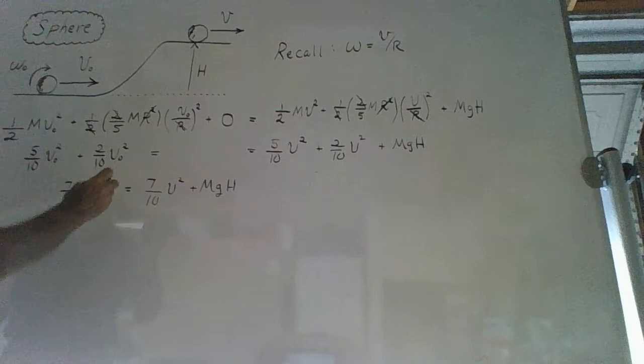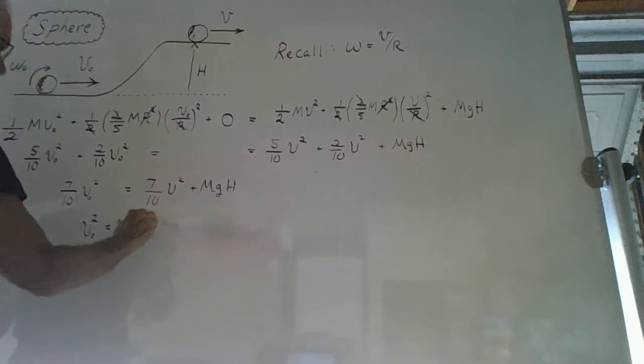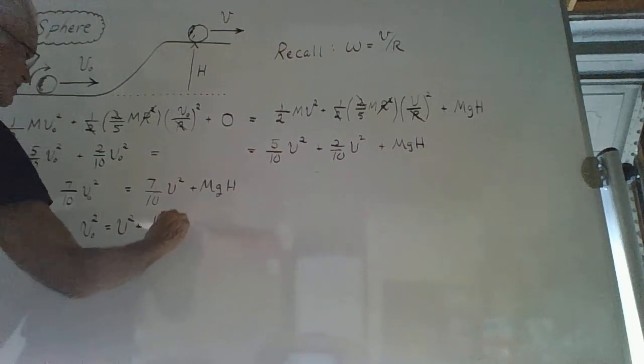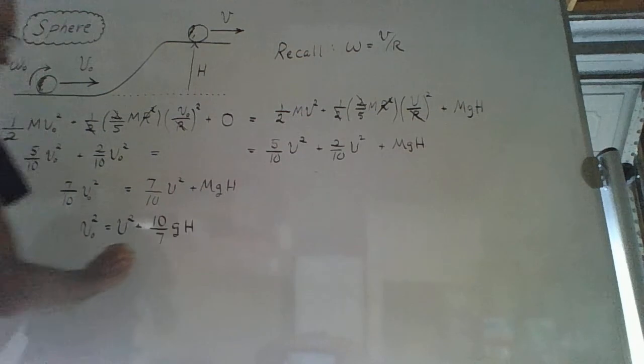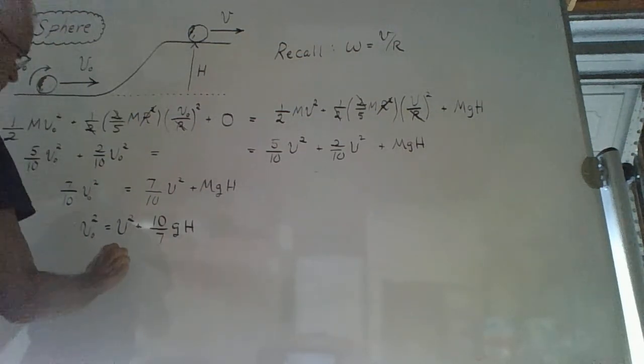If I multiply both sides of this equation by 10/7, we have v naught squared equals v squared plus 10/7 gh. From this, we obtain the expression we're looking for, the speed at the plateau.